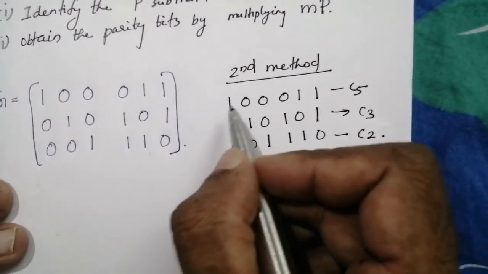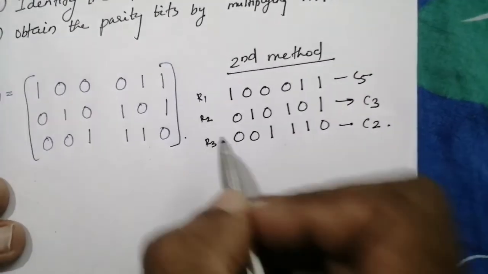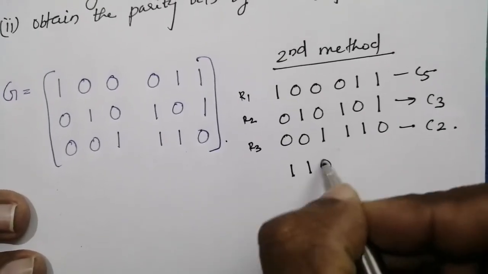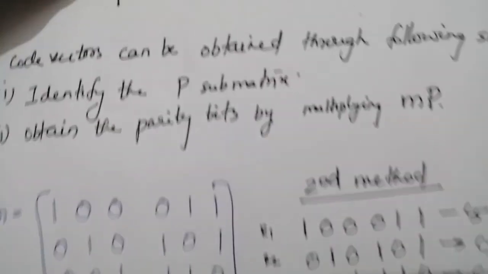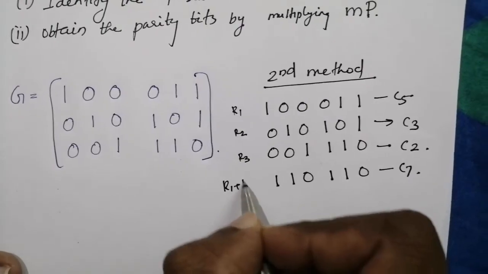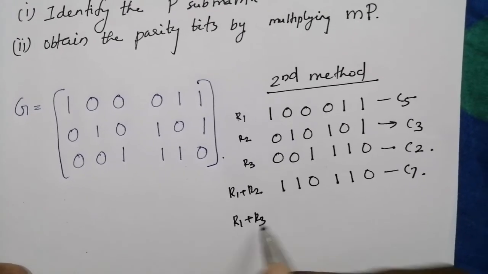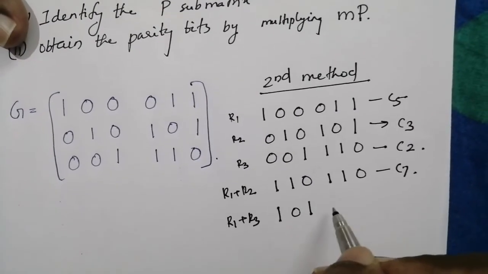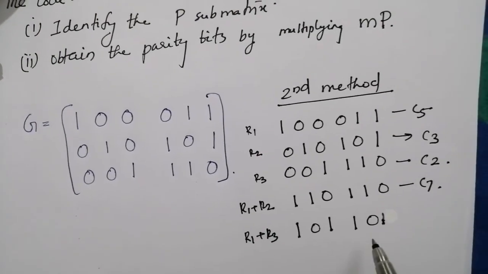Right. Now the rest of the code words can be generated by simply adding any two rows. So this is R1, R2, R3. If you add R1 plus R2, you will get 1 1 0 1 1 0. This is C7. Now add R1 plus R3. R1 plus R3 is 1 0 1 0 1 1.